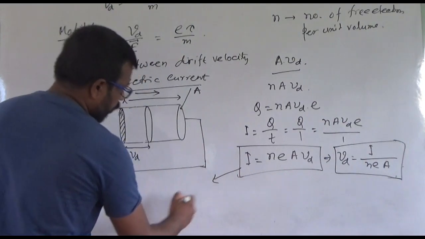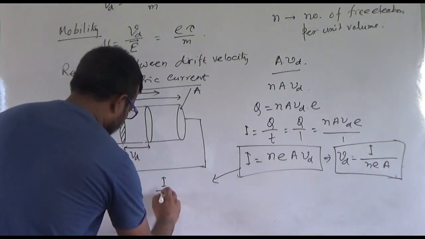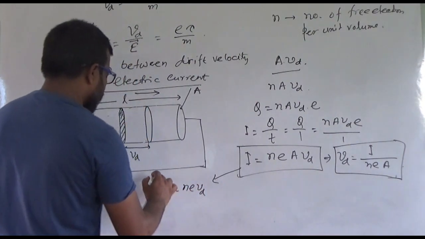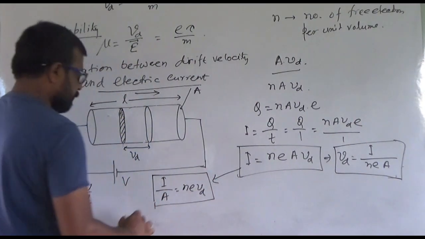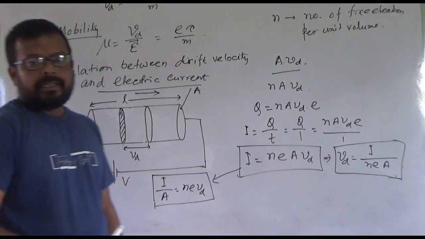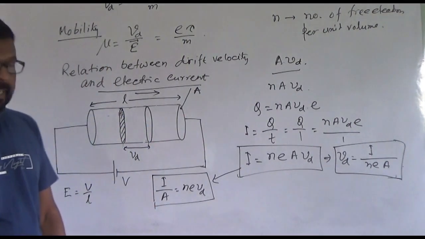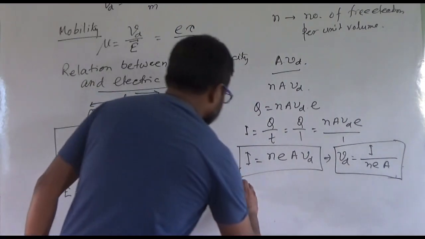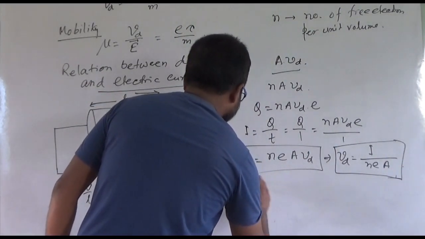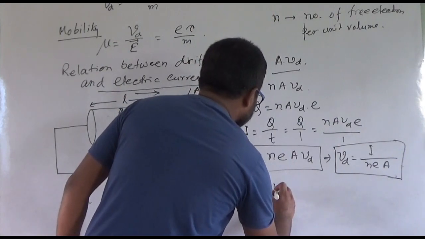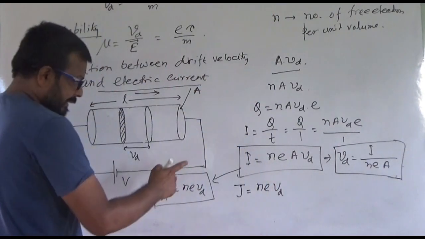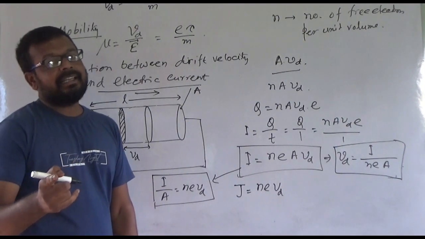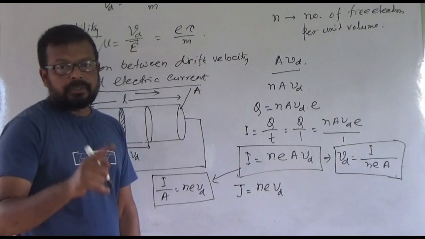Or from here you can also write I by A equals neVd. Now this I by A is the current per unit area, which is called current density J. Current density J equals neVd, and this current density is a vector quantity and it is in the direction of the drift velocity.